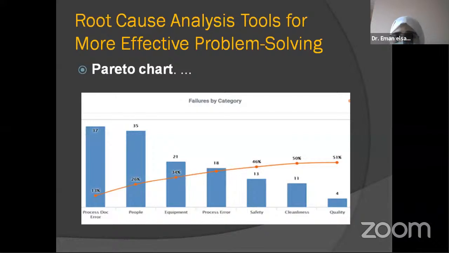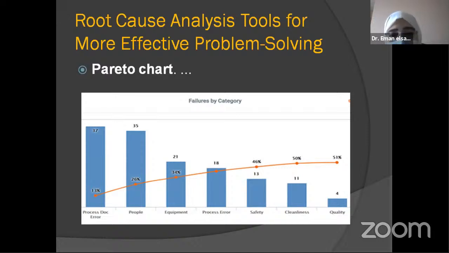These are the tools that can be used or help in root cause analysis. A lot of tools can be used in solving the problems we face and in helping root cause analysis, but these tools need a lot of sessions to understand. The Pareto chart is called 80-20.